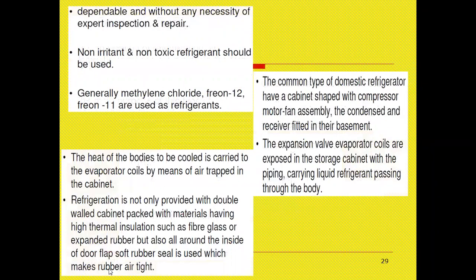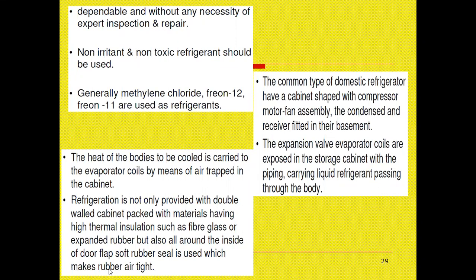Next, it should be dependable and work without any necessity of expert inspection and repair. Next, no irritant and non-toxic refrigerant should be used.